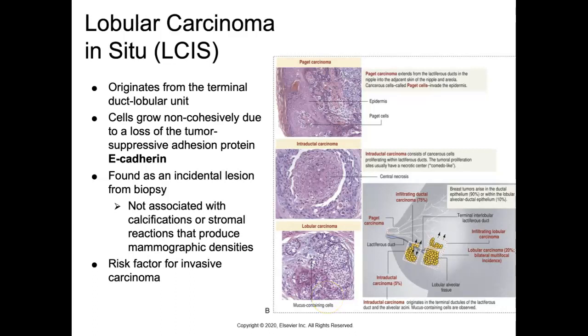It's typically found as an incidental lesion from biopsy and isn't associated with calcifications or stromal reactions that produce mammographic densities. And the risk factor for invasive carcinoma is high here. It's going to develop in about 25 to 35% of women over the period of 20 to 30 years.